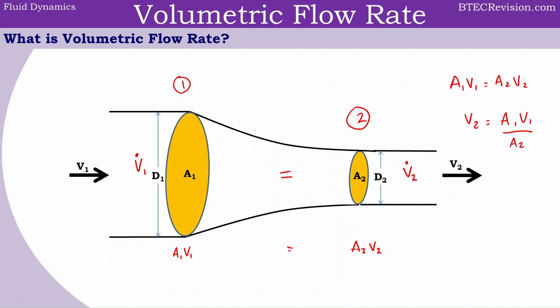So looking at what's happening here, what would happen to the velocity if the area is decreasing? So the area is decreasing. So if that's decreasing, that means to balance this equation, the velocity must increase. So in this case, V2 would be increasing, which would make sense. If we narrow the pipe, the water will still need to get through and it will go through faster, in order to balance the volumetric flow rate. So V dot 1 must equal V dot 2.